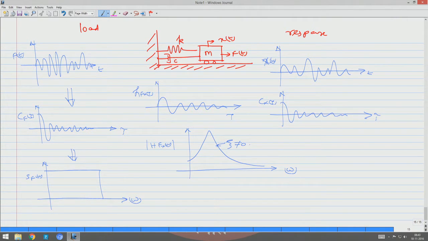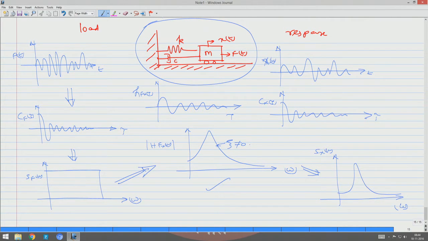Ultimately, when I apply the transfer function to the load process, I get the response process simply in the frequency domain as S x omega, which looks like this. So, the transfer function applied on to an idealized model, which depends on the system properties and does not depend on the load characteristics, helps me to connect the response spectrum to the input load spectrum.